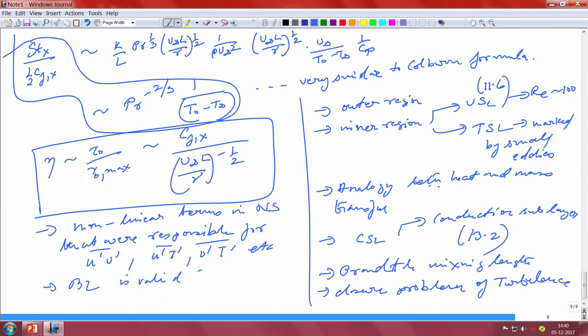That means you still have your dy much smaller than your dx. There are numerous such things that we have found out using a lot of these relationships.